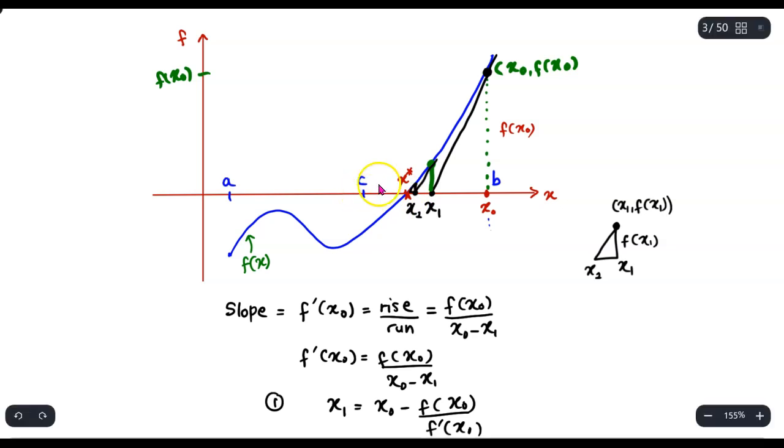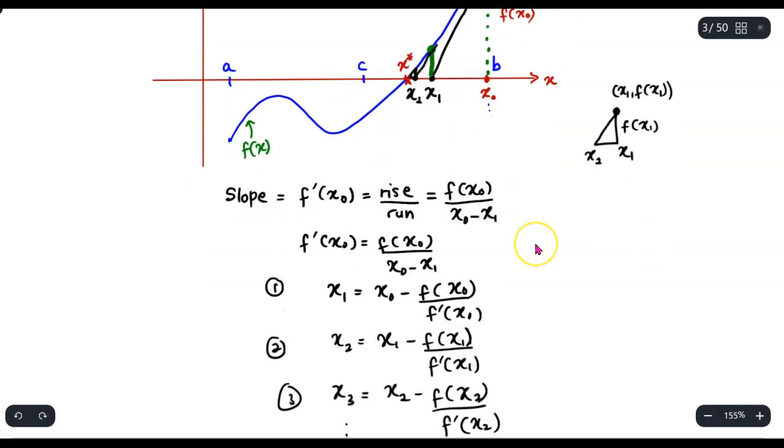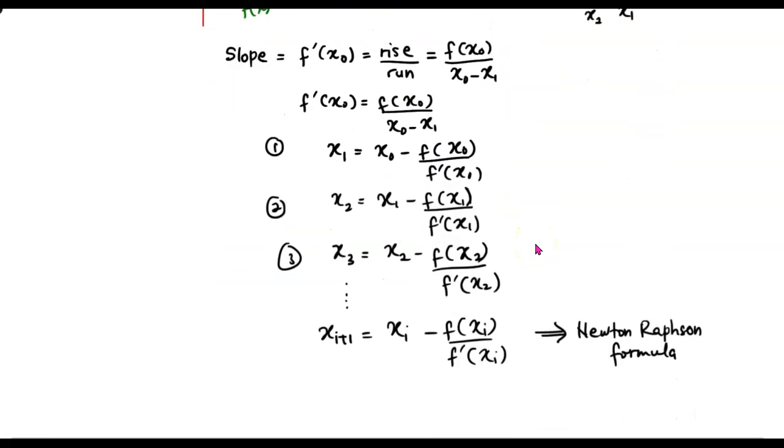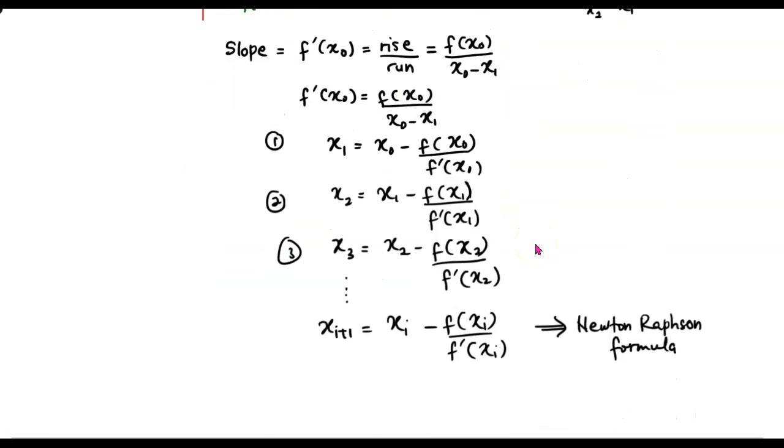So in general, the convergence of Newton-Raphson is faster compared to the bisection method. That's the explanation of how we come out with the formula for the Newton-Raphson method.